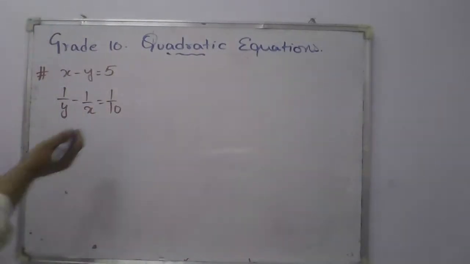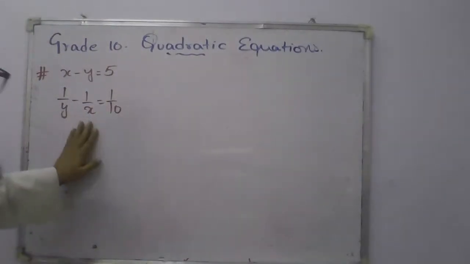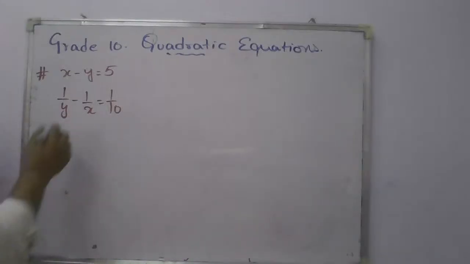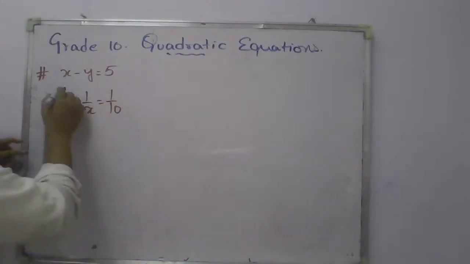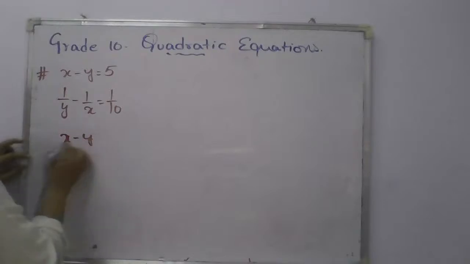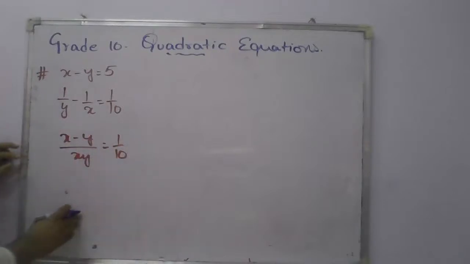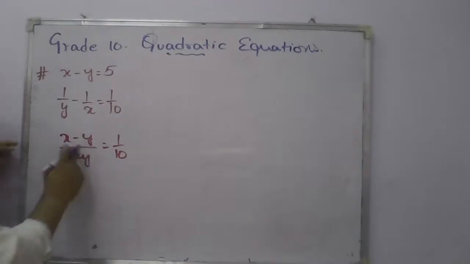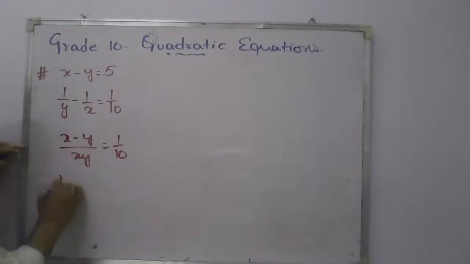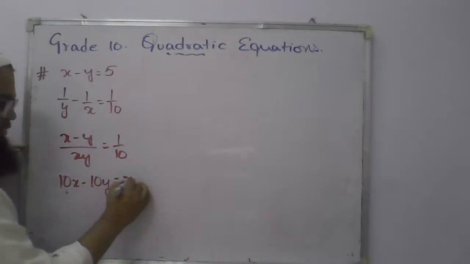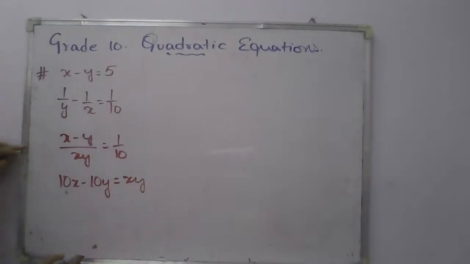It's very simple. As in the previous problem, if I cross multiply, x minus y by xy is equal to 1 by 10. If I cross multiply, 10x minus 10y is equal to xy. What am I getting here?